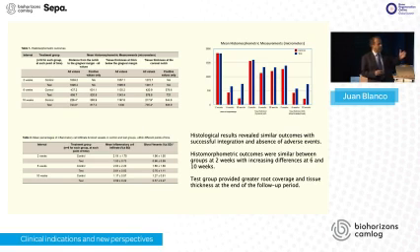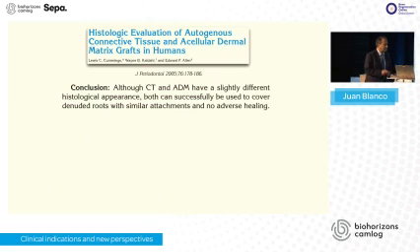But according to this study, at the 6-week and 10-week terms, there are important differences between the two matrices. So the conclusion clearly tells us that the novo matrix group provided greater root coverage than the control, and also greater tissue thickness at the end of the follow-up period.